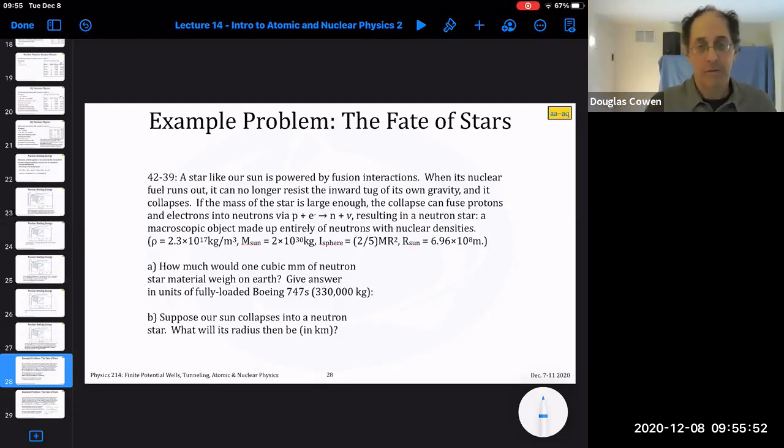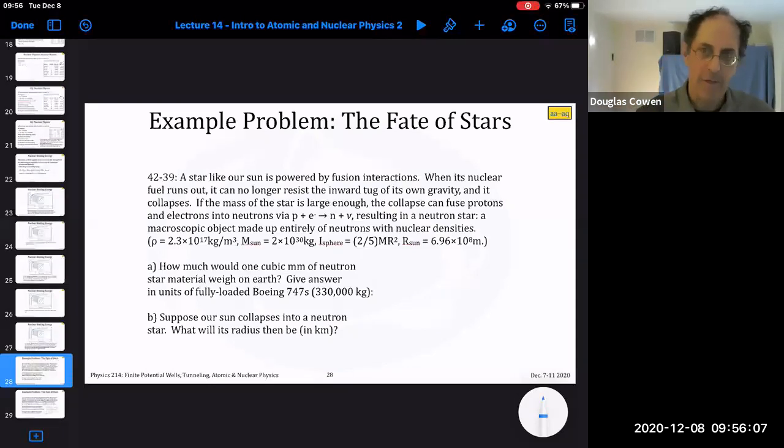And that's a supernova. So that collision releases a huge amount of energy, and basically all of these particles and a lot of heat gets released in a very short amount of time.